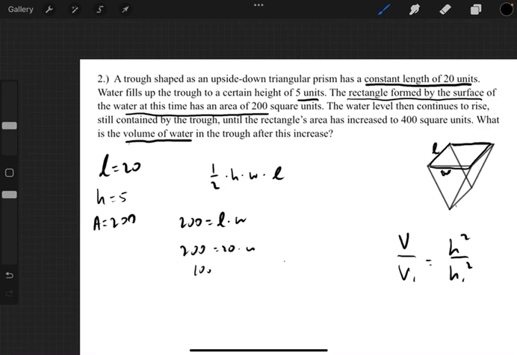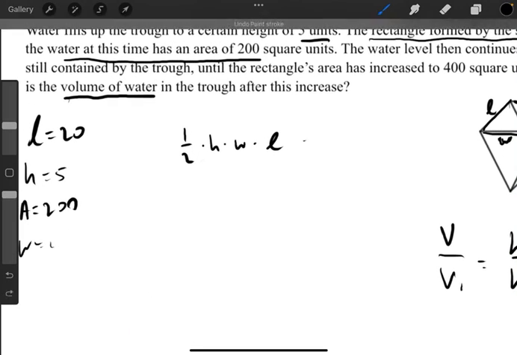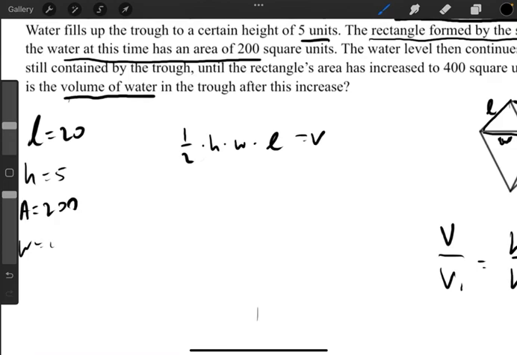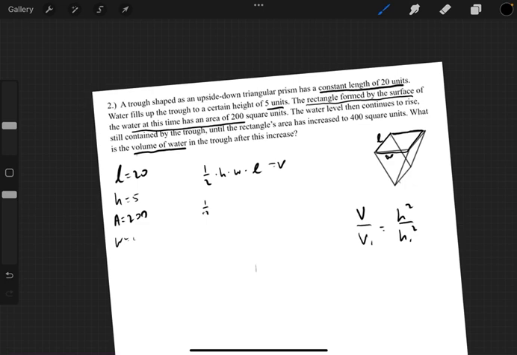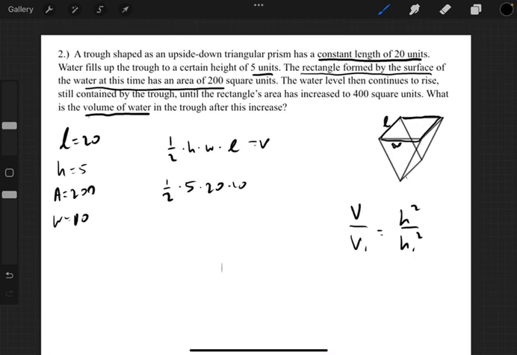That means 10 equals width. Hope that makes sense. 10 equals width. From there, volume equals 1/2 times 5 times 20 times 10. That did not write down 10. What is up with that? That equals the initial volume.